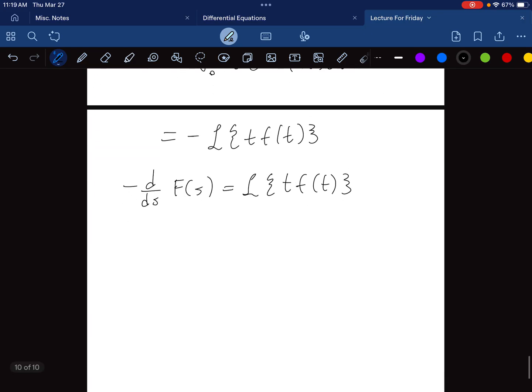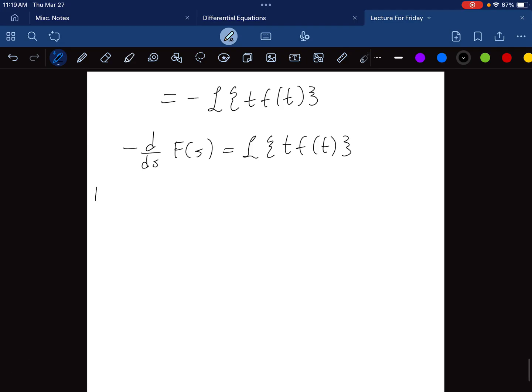And so, right, we can go through an example of actually using this property. If we were given g of t is equal to t e to the 2t, right, notice here we're going to have n is equal to 1, and our f of t is going to be e to the 2t.